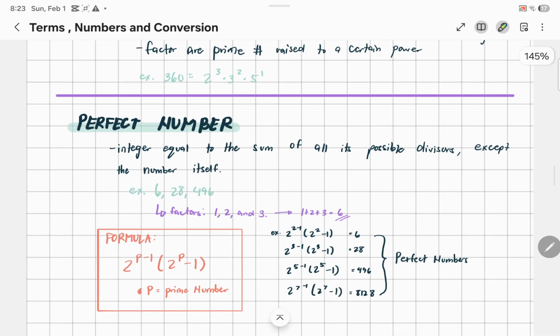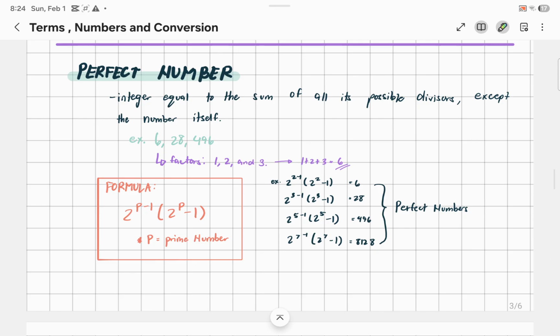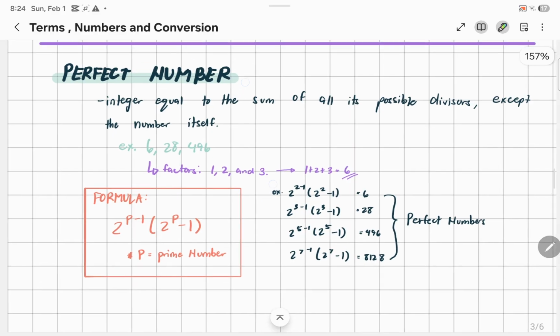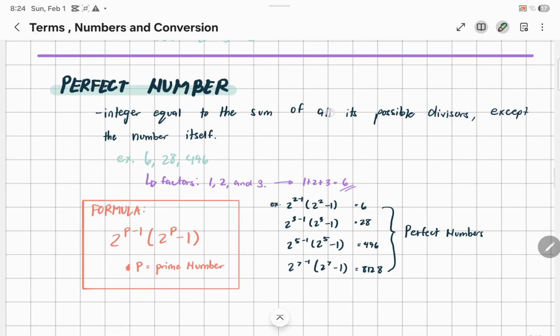Next, let's proceed to the perfect number. This is an integer that is equal to the sum of all its possible divisors except the number itself. For example, we have 6, 28, and 496. These are examples of perfect numbers.